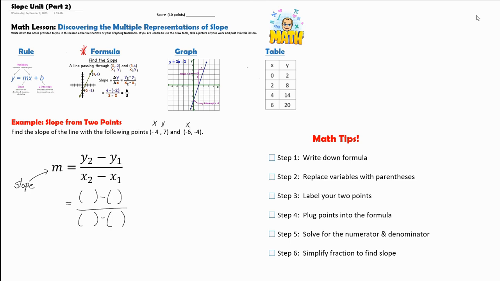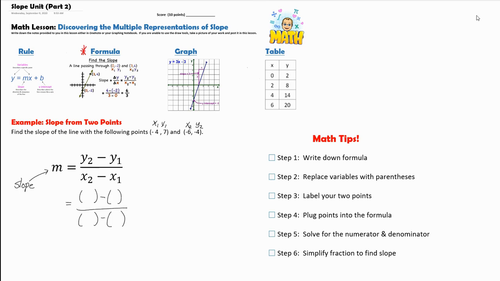Here's the x value, and here's the y value. The sub 1's are my first point, and the sub 2's represent my second point. So before we even start any math, it is very important that we set up the problem correctly.